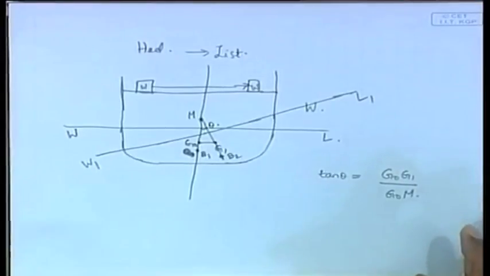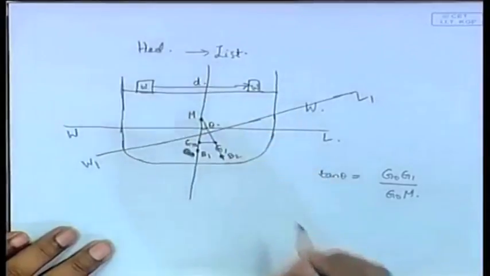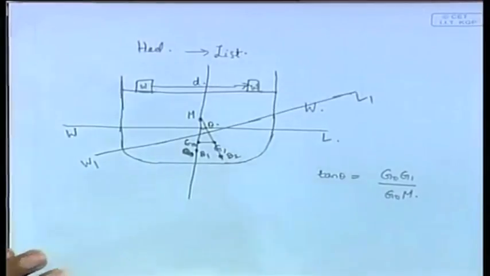Now, what will be the shift in the center of gravity of the whole ship because of the shift of a small w through a distance, let us call this distance d? This we have already derived. If you have a system of m1 plus m2 and we shift just m1, how much will the center of gravity of the whole system shift?